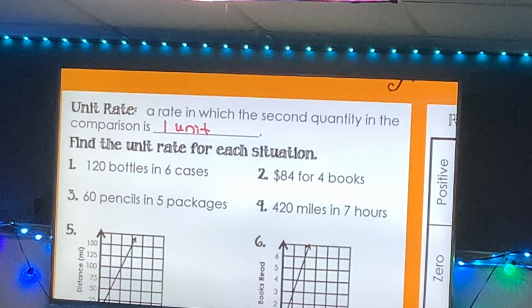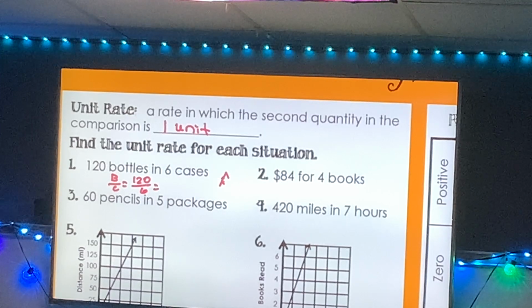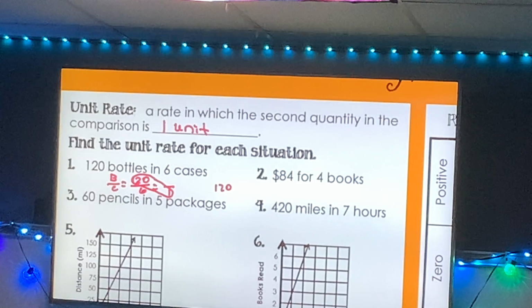Okay, so we're going to pretend we're back in 5th or 6th grade, wherever y'all did units the first time. We are doing bottles per case. We have 120 bottles in 6 cases. Let me rewrite that down here so I have room to write it. So, I want it per case. So 120 times 1 is 120.